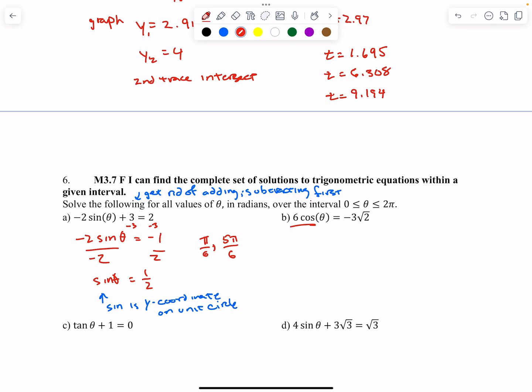Next, divide both sides by 6. 3 over 6 is 1/2, so we're looking for variations on 45 degrees. Cosine is negative in the second and third quadrant.